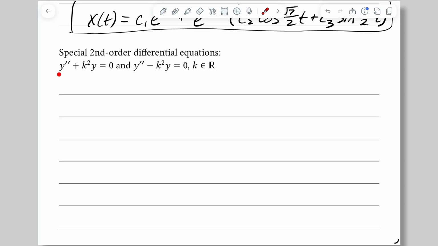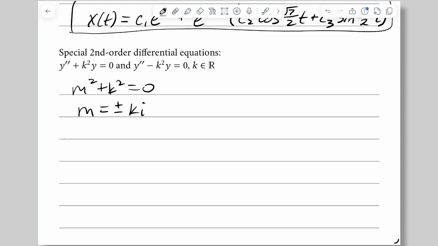Before we get to that, though, we're going to look at a couple of special second-order differential equations. One of them is y double prime plus k squared y equals 0, and the other is y double prime minus k squared y equals 0. And k is a real number. The auxiliary equation for the first one is m squared plus k squared equals 0, and that's going to give solutions m equals plus or minus k times i.